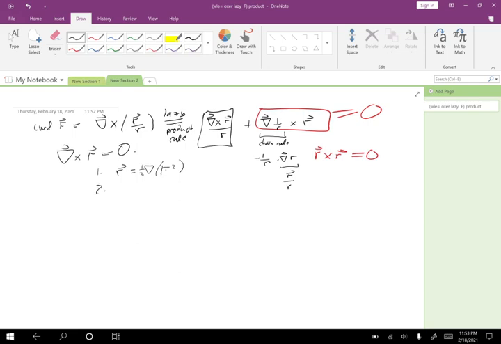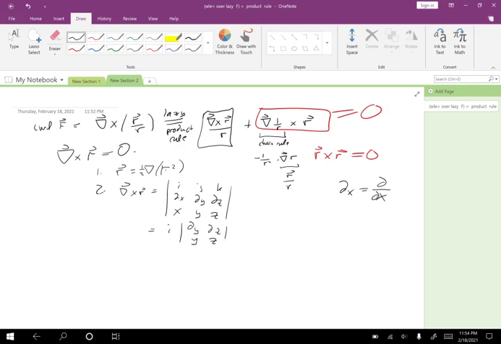But we can also just do this the honest way. So if we do that determinant, where again, lazy person that I am, I'm using this notation, we will just get i times the determinant that looks like this, and this will be similar.